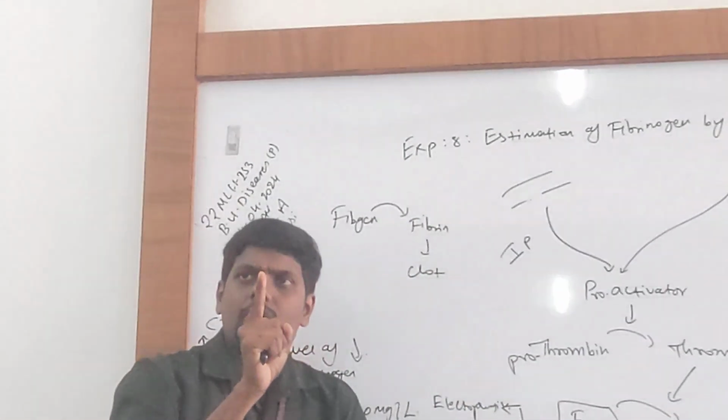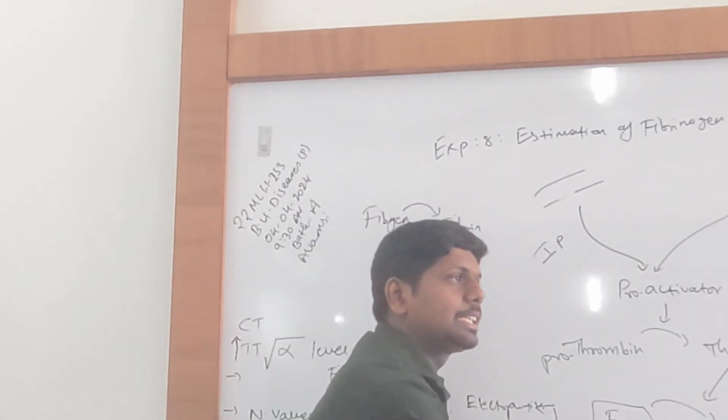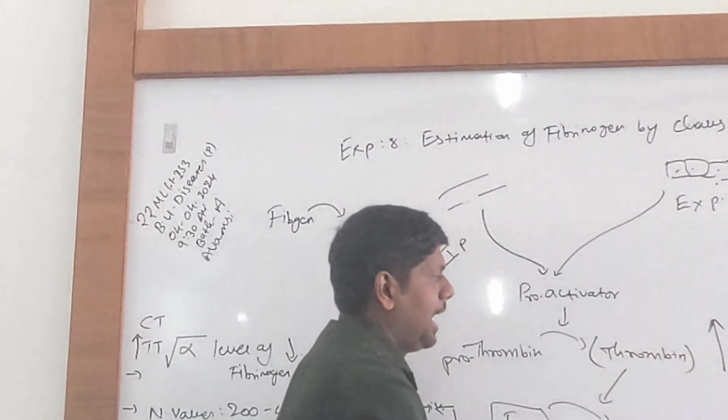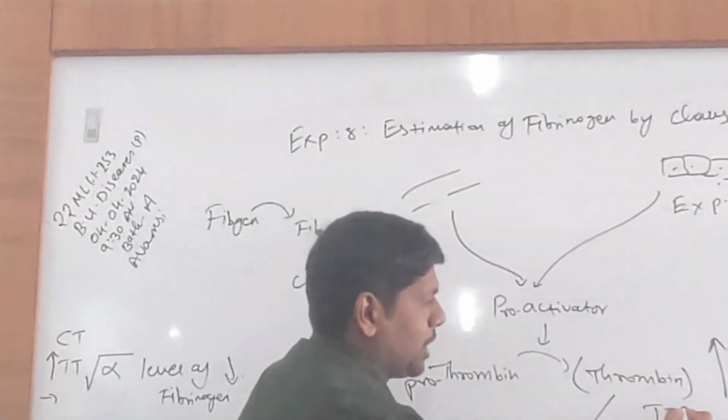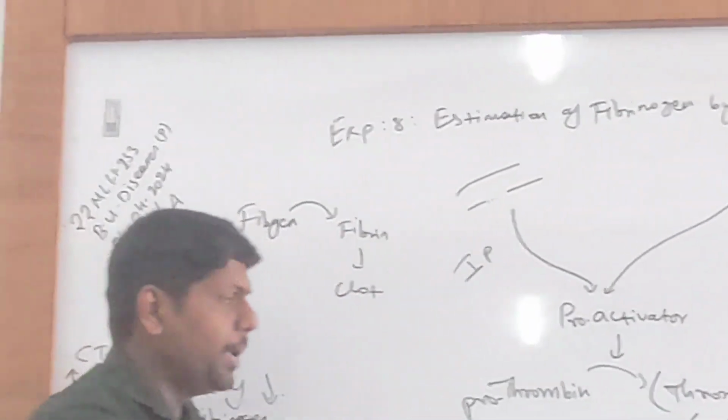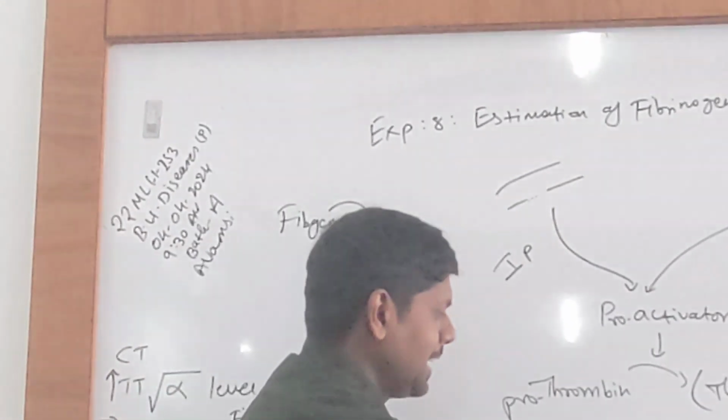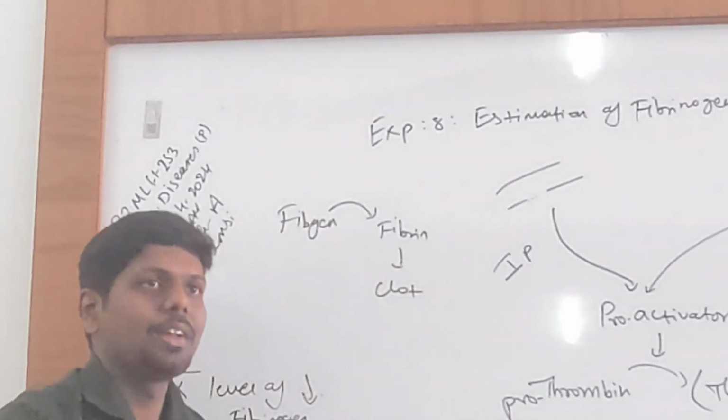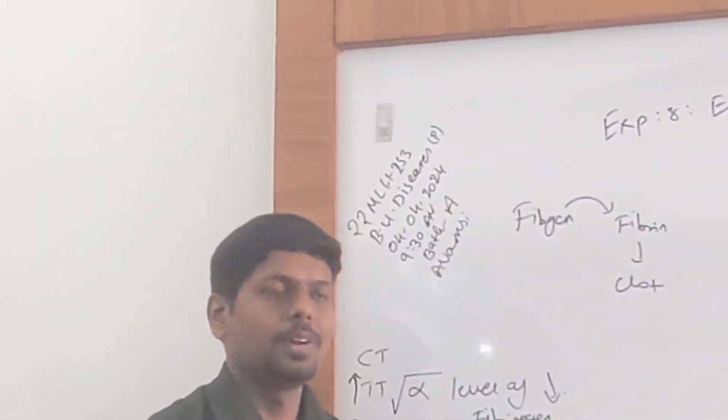If I want to measure the fibrinogen levels, I can take the thrombin time, and thrombin time will indirectly determine the fibrinogen levels. How? I will discuss.